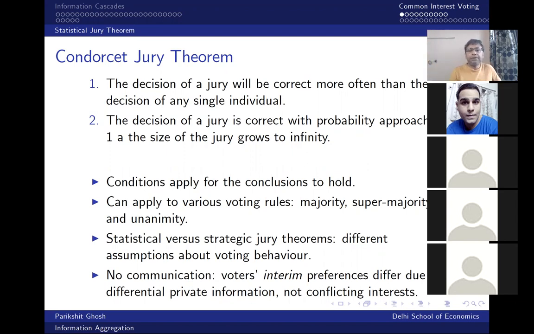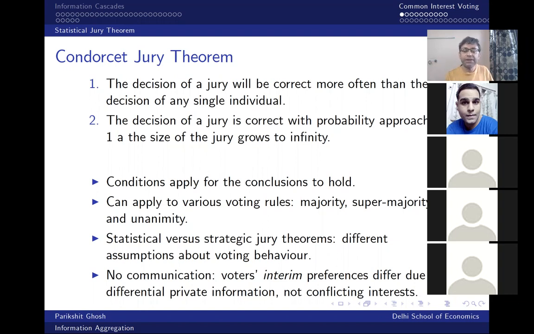Okay, so in the statistical approach of modeling it, behavior is kind of taken as fixed, as I said. 70% chance that I'll vote for the right thing. The modern literature is strategic voting models, right? Where juries are modeled as players.